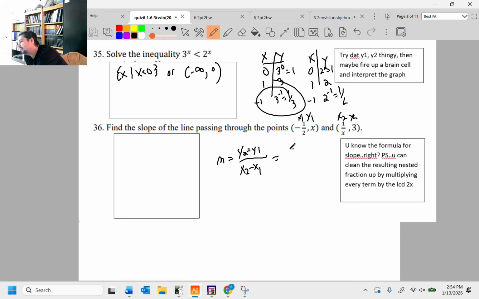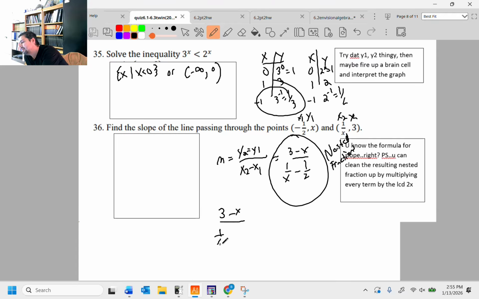So we'd have 3 minus x sitting pretty over 1 over x minus a half. And boy, that is hideous looking, isn't it? So the two denominators of the denominator are x and 2. And this is actually something that we call a nested fraction, because it is a nest of fractions. It's literally a fraction with more fractions in it.